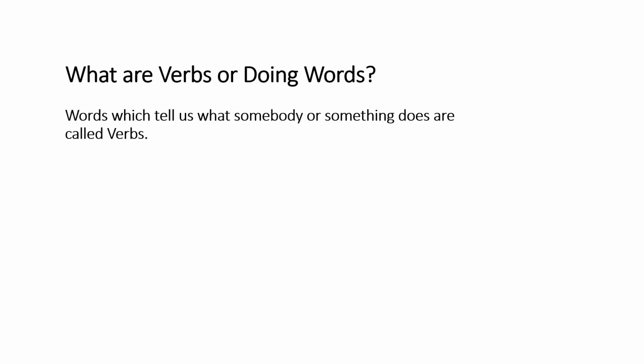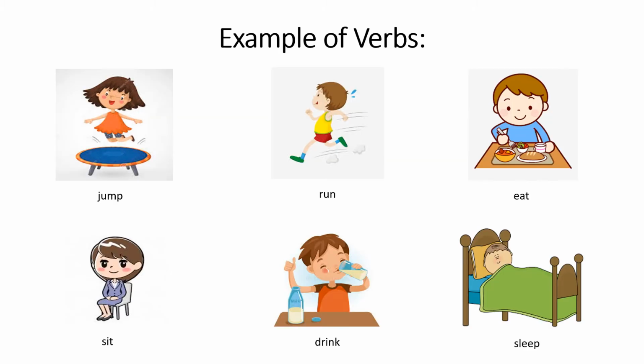Now on the next screen we will learn what are the words which show action, or what are the doing words. Okay? Right. Now here you can see a few examples of verbs. In the first picture, can you see a girl? What is she doing?